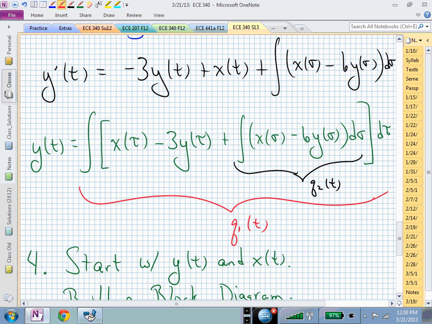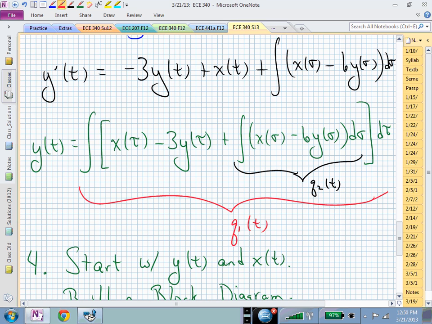I'm just setting q sub 1 of t to be this entire right-hand side. So y of t is q sub 1. And that I said is what I had down below. Y is q sub 1. But now, if I go just inside this integral, everything in the square bracket is q1 prime.